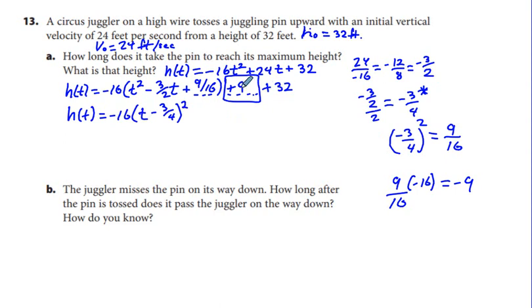And on the outside we're going to take 9 plus 32, or 41. So now we have our vertex form from which we can answer the question here. How long does it take the pin to reach its maximum height? It takes 3/4 of a second.